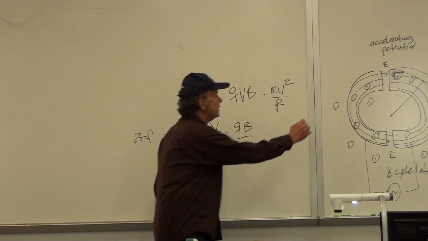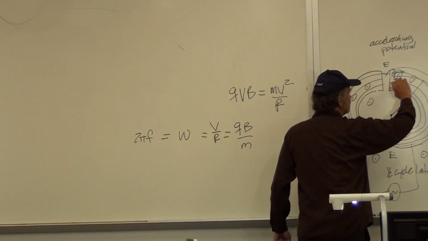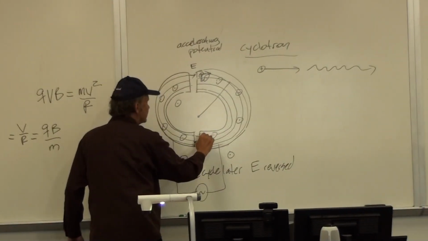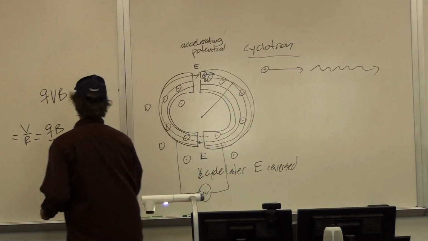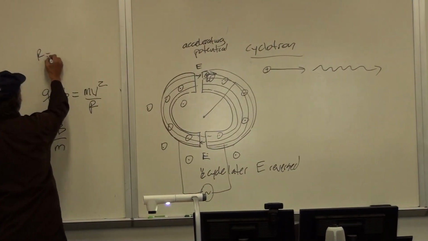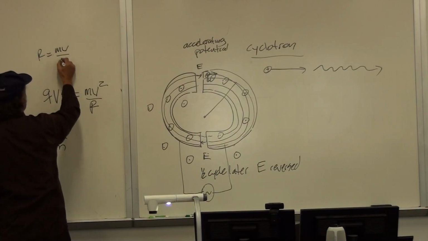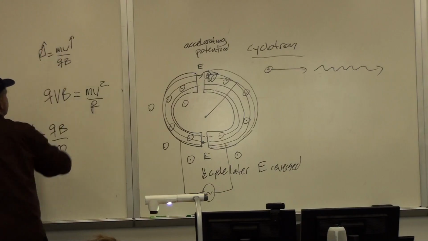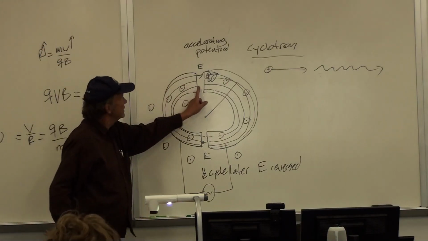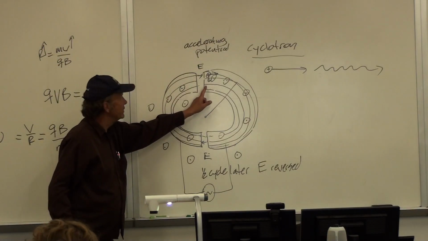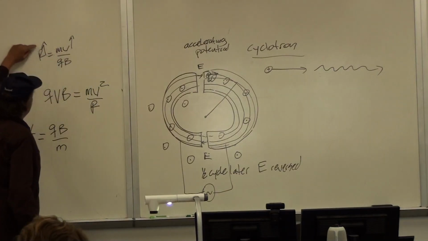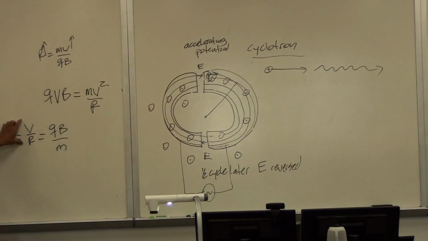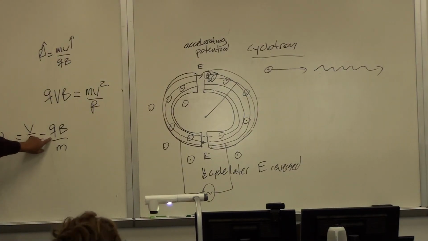So that means that no matter what part of this, it accelerates a little more here, that brings it up to a higher radius, because r is equal to mv over qB. And so as the velocity goes up, because it gets accelerated in this little U section, that brings the velocity up, which brings the radius up by just the same amount, so that the omega value stays the same.